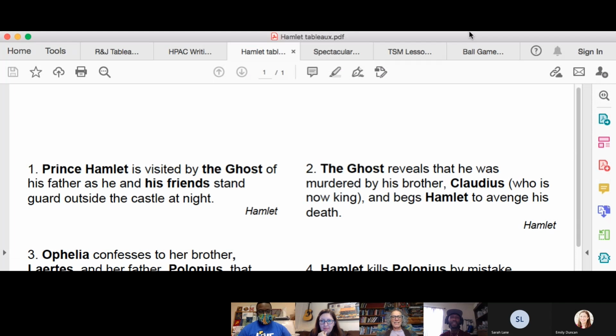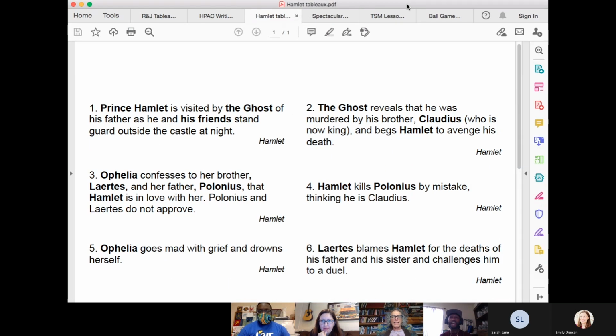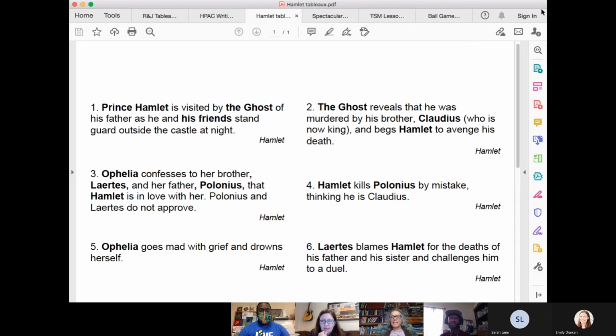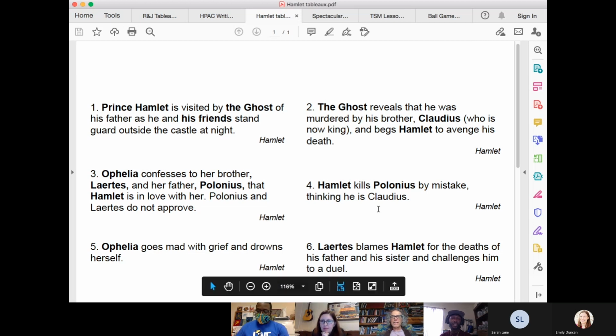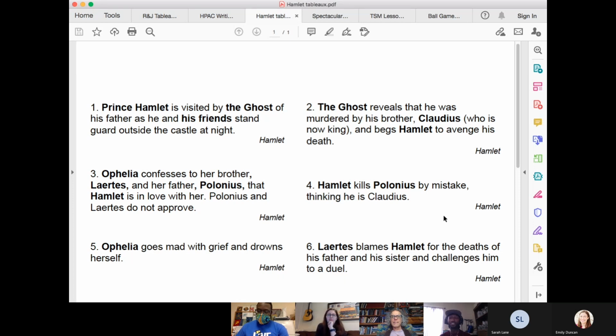So we did half of the Hamlet tableau, where Carmine did 1 and 4, Megan did 2 and 5, and I did 3 and 6. So far, this is a tableau I got from, I believe, Oregon Shakespeare, because we were talking about how we're doing adaptations on our own thoughts, but what if we are given the facts?